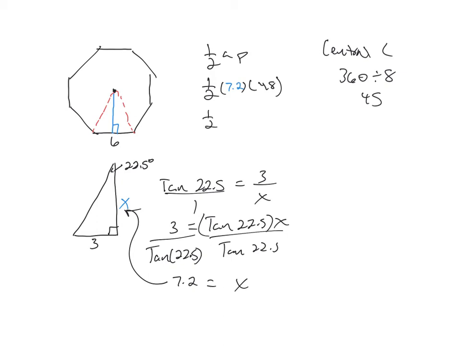Okay, so again, I'm going to do half once, and I like to always do half of the bigger numbers, so half of 48 is 24. And so we'll have 7.2 times 24, and we get 172.8.